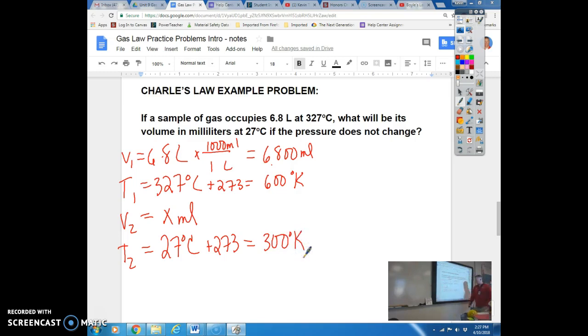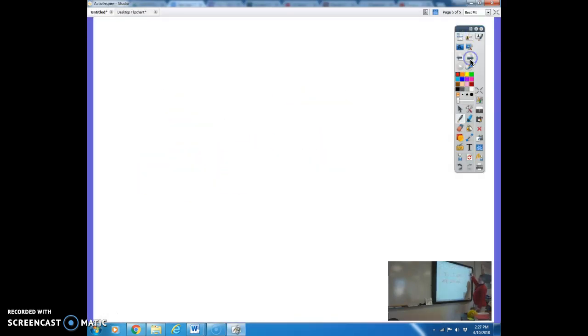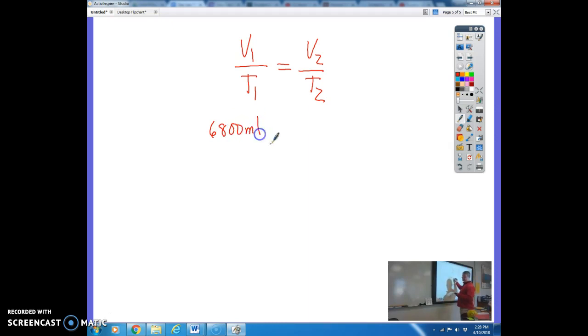Now that our units are good, we can plug them into our formula. Direct relationship, V1 over T1 equals V2 over T2. I plug my numbers in. Volume 1 was 6,800 milliliters. T1 was 600 degrees Kelvin.